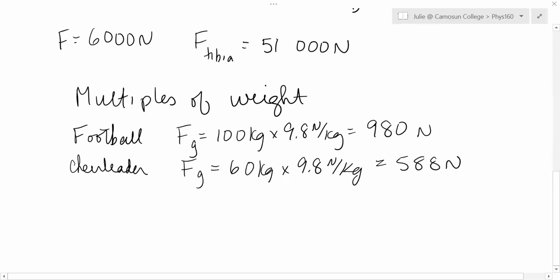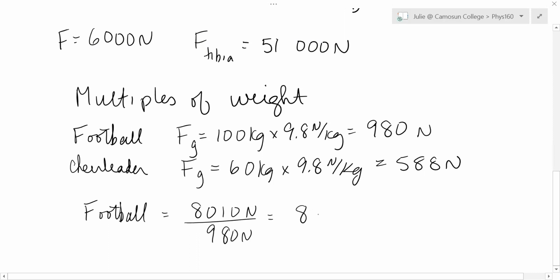Okay, so multiples of the weight for the football player: it would be the 8,010 newtons divided by 980 newtons, and that would be equivalent to 8 times the weight. So the impact of his collision with the dummy is about 8 times.